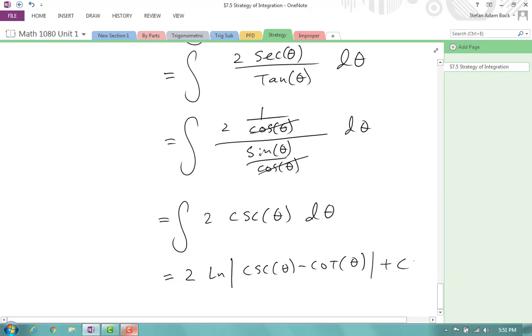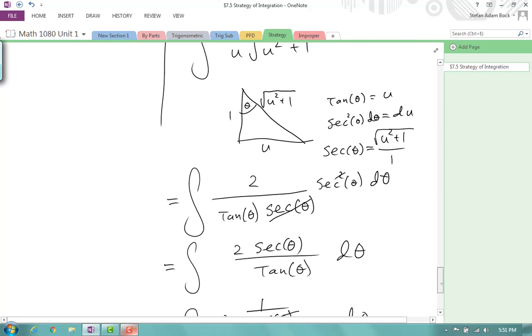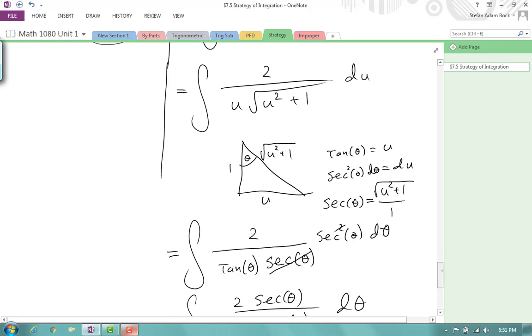But what was theta? I need cosecant of theta, that's hypotenuse over opposite, and I need cotangent of theta, which is adjacent over opposite. Cosecant is hypotenuse divided by opposite. So I have the square root of u squared plus 1 divided by u.